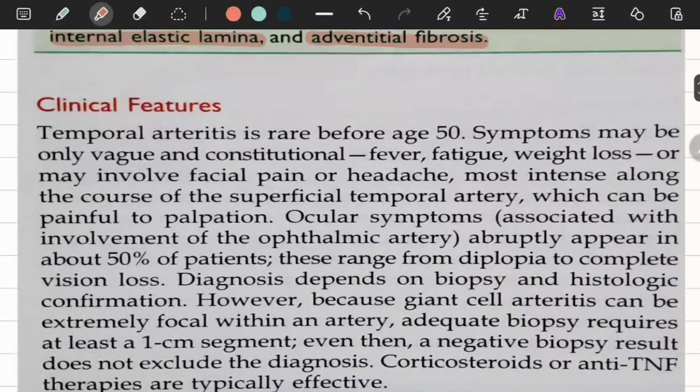Now let us talk about the clinical features seen in temporal arteritis or giant cell arteritis. Temporal arteritis is rare before age 50, so it basically affects people older than 50 years.